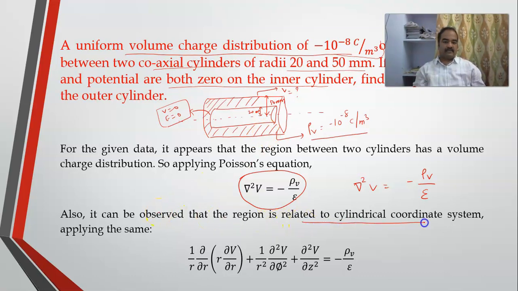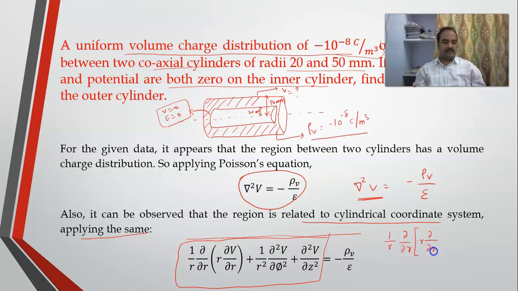You know that in the last class itself, we employed this. In cylindrical coordinates, the expression for del square V is: 1 by r dou by dou r of r dou V by dou r, plus 1 by r square dou square V by dou phi square, plus dou square V by dou z square. This is my del square V, which is equal to minus rho V by epsilon.